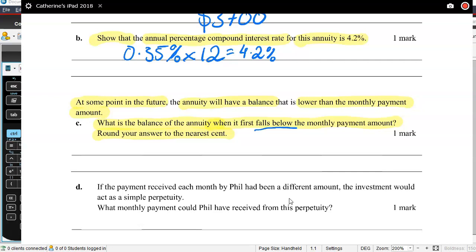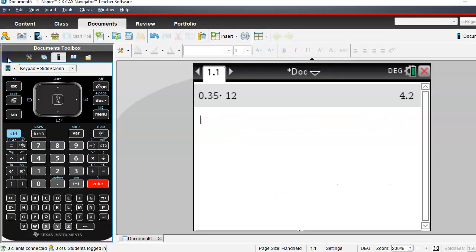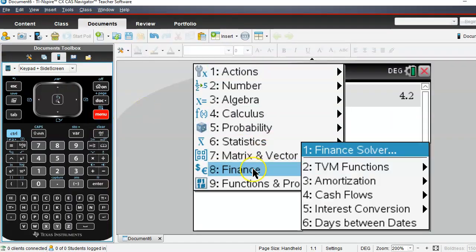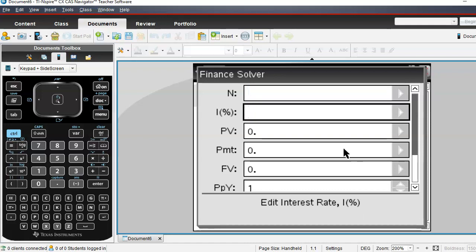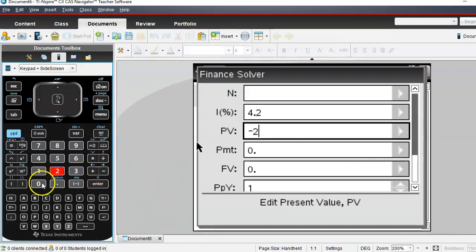So, a couple of ways we can do this. Let's get up my finance solver. I don't know when that will be. I know my annual interest rate is 4.2% because they've said. I know that Phil invested $200,000. Remember, it's negative because he's given over $200,000 to the bank.